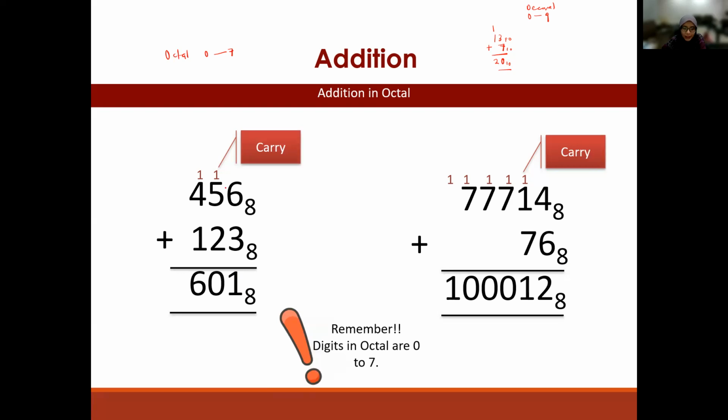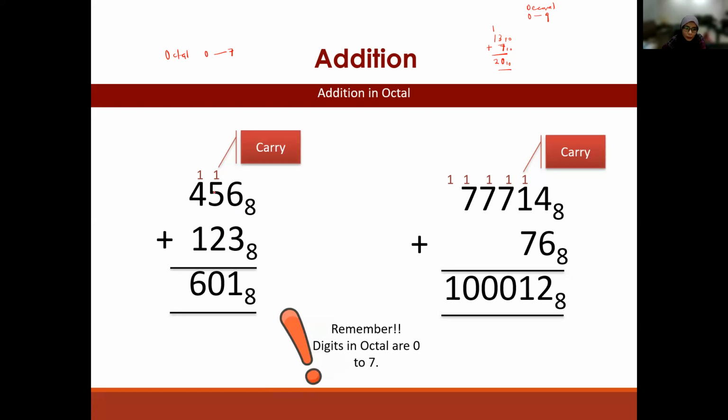So 1 here and you have another 1 carry, because it is more than 7. We know that the digit is from 0 to 7, and this is base 8, so 9 minus 8 equal to 1, and you have 1 carry.